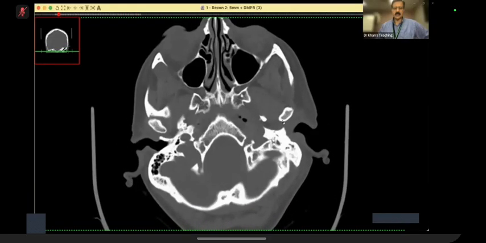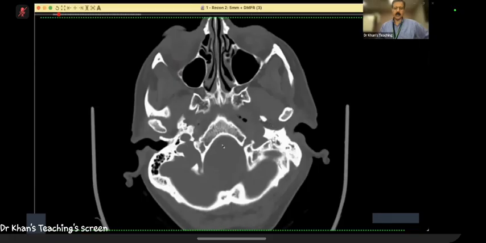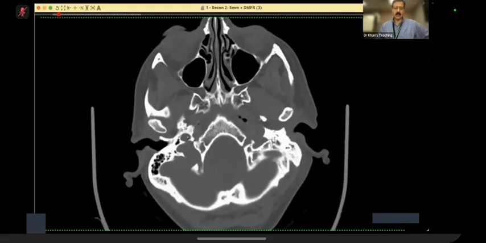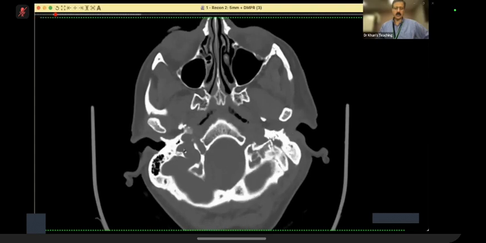Just concentrate on this side. And jugular foramen can be more prominent on one side than the other because the transverse sinus might be hypoplastic. So this is the jugular foramen.